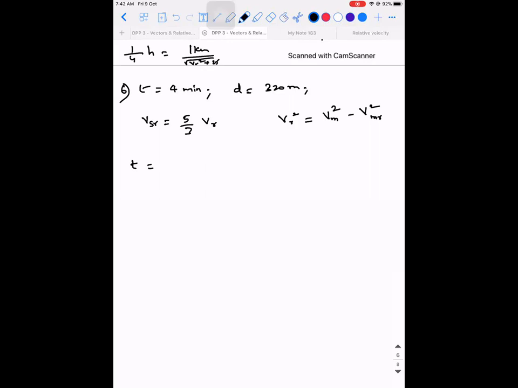Okay. So T is equal to distance, that is 320, divided by root of, what did you put? But here, VR is confined to the horizontal direction. Okay, you tell me how you did. Answer is right. Tell me how you did. So what did you substitute in place of VM? In place of VM, we put 5 by 3 into VR.